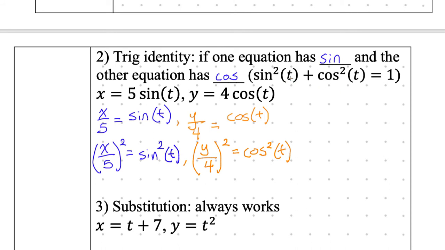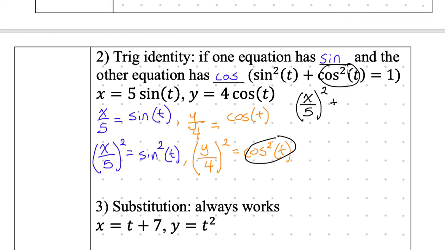Okay, well, I've built my function. I have a sine squared, I have a cosine squared. Let's plug these into this Pythagorean identity. Right underneath this, this sine squared is this sine squared, which means it's really x over 5 squared. So this is going to be x over 5 quantity squared plus, and then I'm going to sub in this for cosine squared.